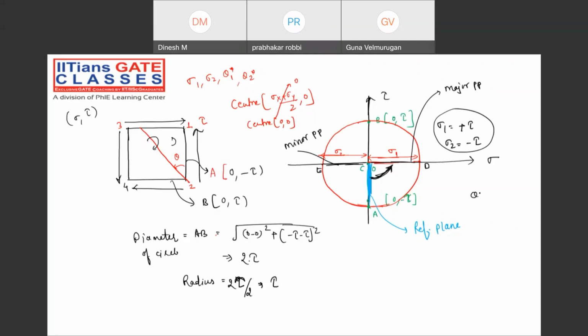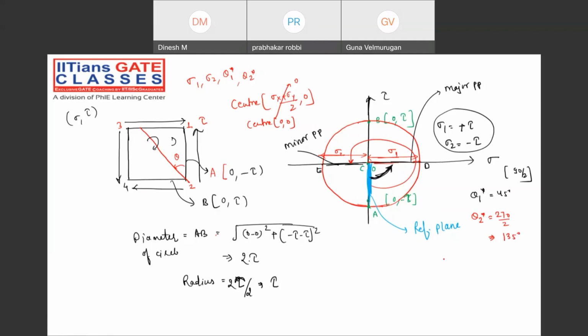In actual, what will be the angle? 45, that is 90 by 2. In Mohr circle, it is always represented twice. What about this angle, theta 2 star? 270 by 2. Yes or no, guys? In Mohr circle it is showing 270, in actual condition it is 135 degrees.